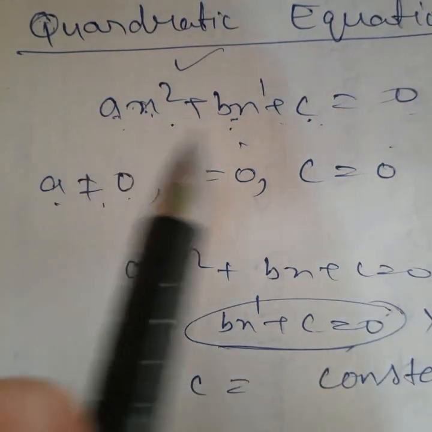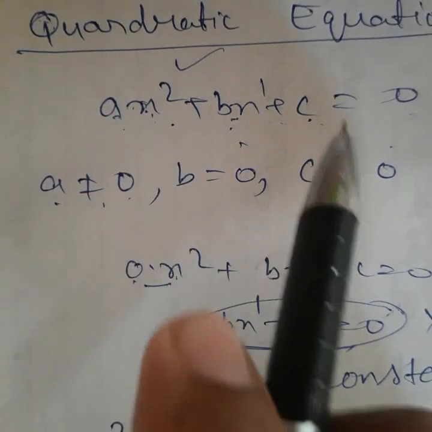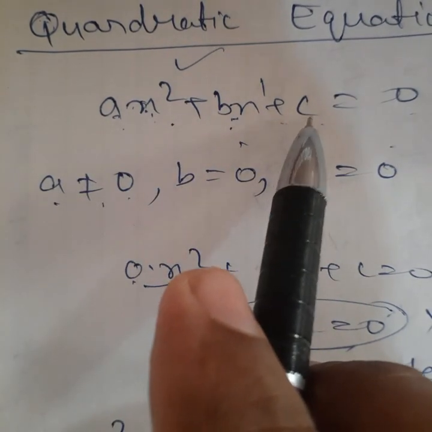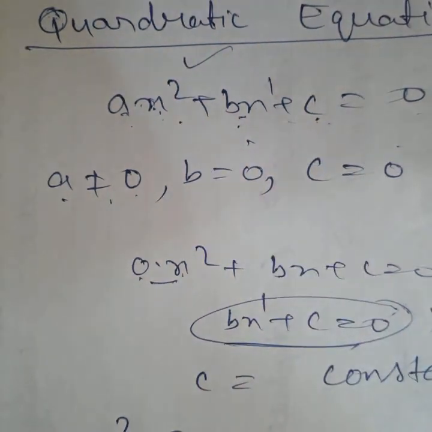In this particular equation, the coefficient of x square is a, the coefficient of x is b, and c is called the constant term because c has no x.